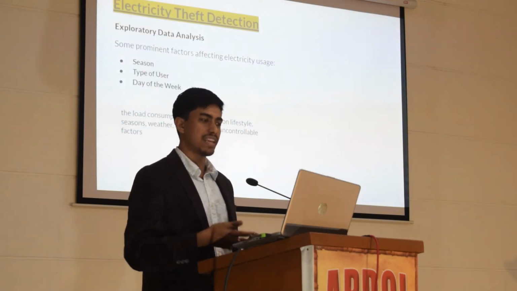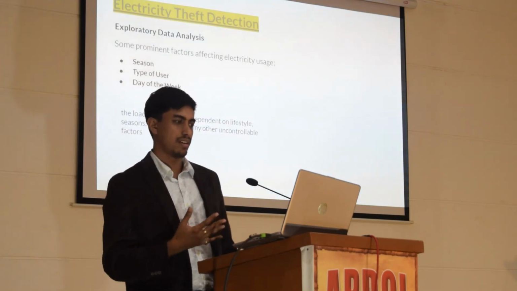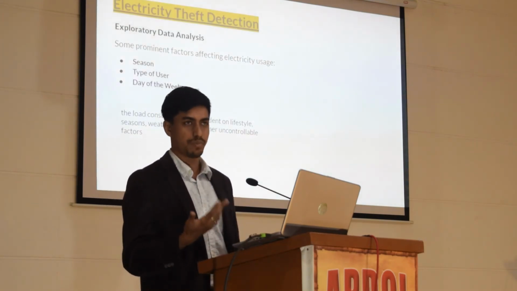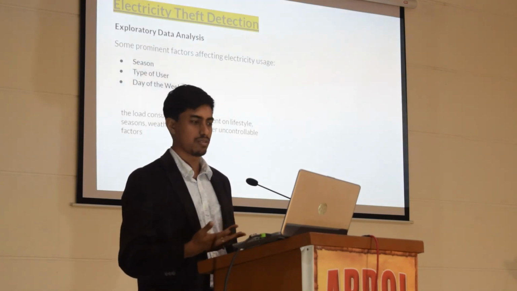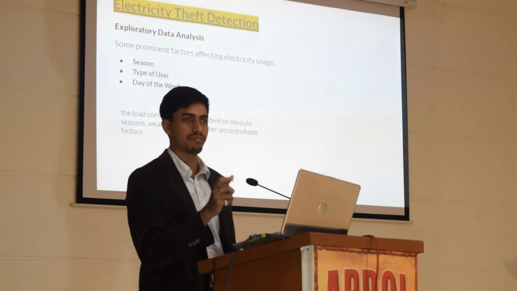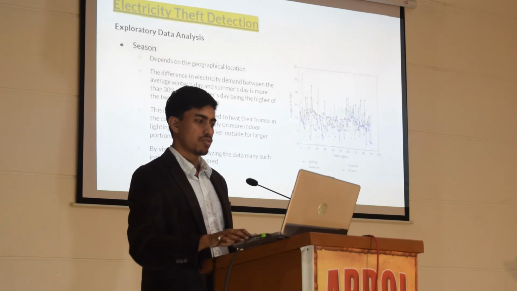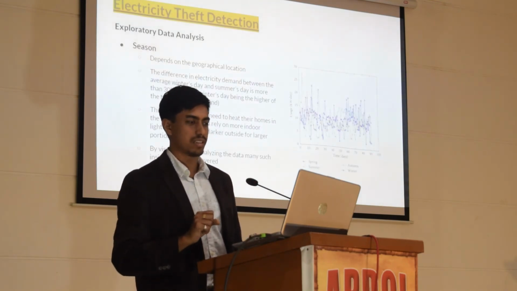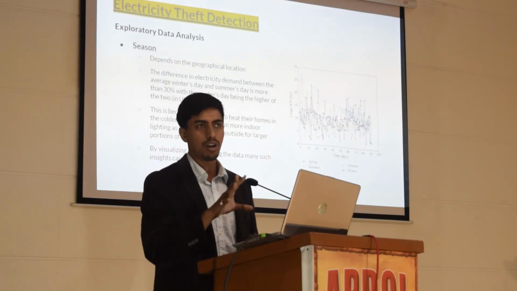In the beginning, again, they look at the data: what happens, what kind of patterns are there. There are different seasons, different types of users, different days of the week, or maybe the year, and are there any events? Based on lifestyle, seasons, weather and all those things, these are the factors that determine what kind of consumption is happening. For example, this is something they plotted: if the season changes between spring, autumn, summer and winter, the behavior will not be the same.